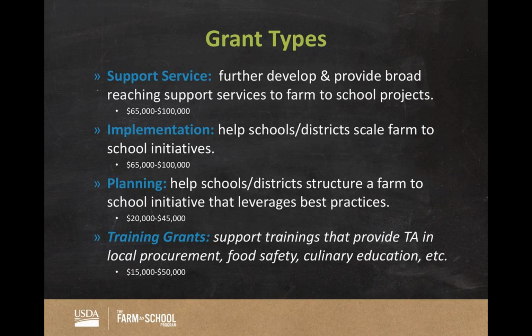And the final one, training grants, supports training that can provide TA for local procurement, food safety, culinary education, and much more. Those training grants are available for folks hosting at the state, regional, or national level. And as you can see there, the grant funding is from $15,000 to $50,000.